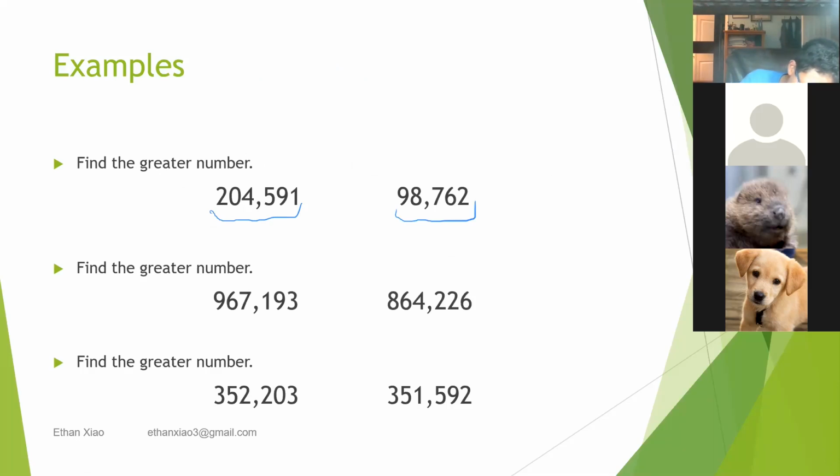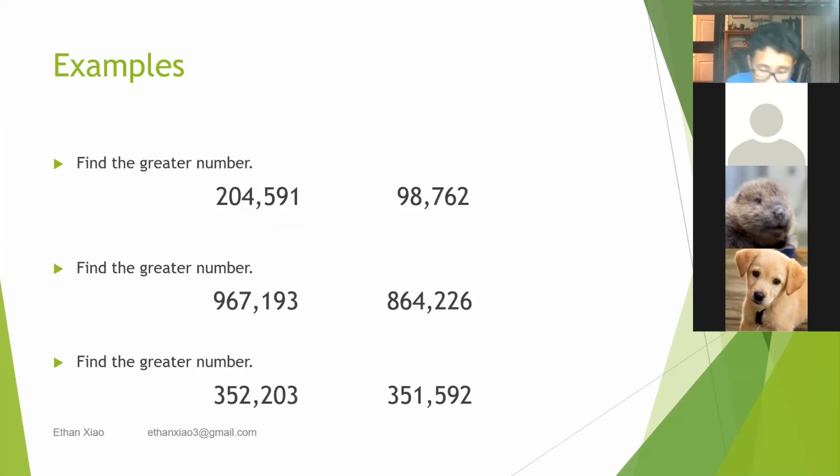What I'm going to do is count the number of digits here. This is 1, 2, 3, 4, 5, 6 digits, and this is 1, 2, 3, 4, 5 digits. So what you need to do is compare the amount of digits. This one has 6 digits while this one has 5 digits. This one is bigger because 6 digits is greater than 5 digits. So that means this number is the greater one.